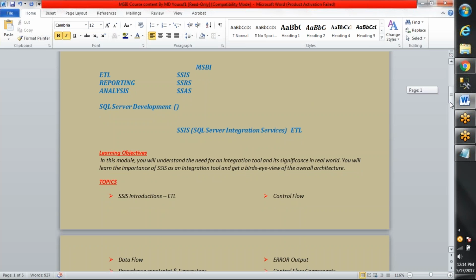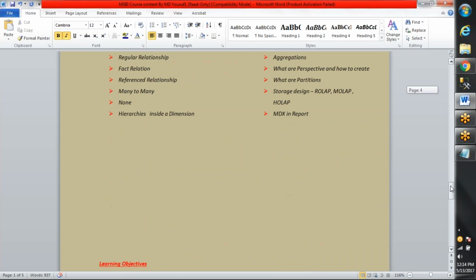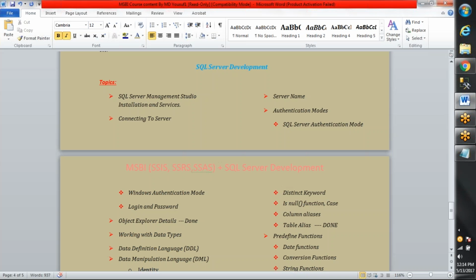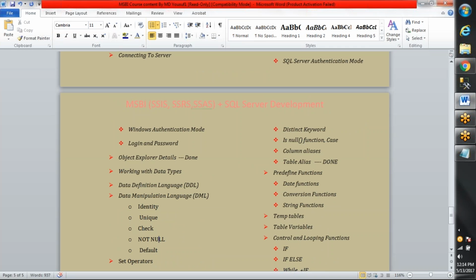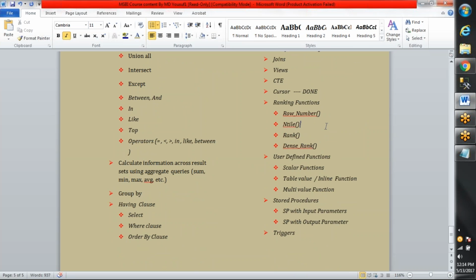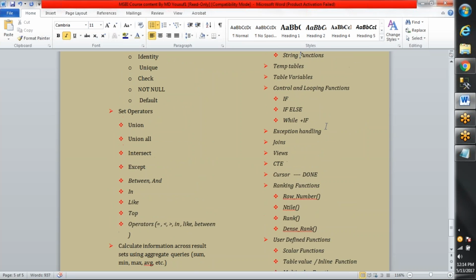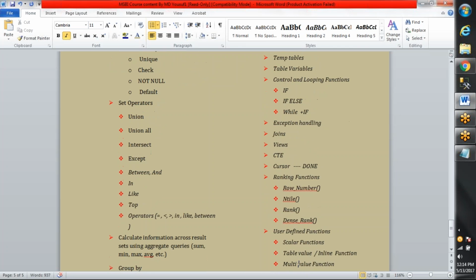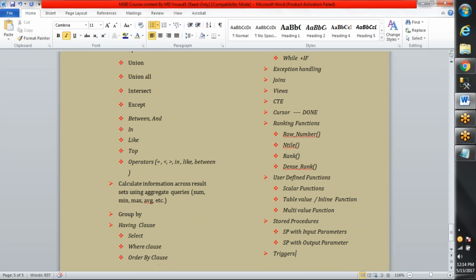If I just give you a glance, it starts from the server and login credentials, to DDL, DML, constraints, different types of operators, joins and select statements, which are very essential for an MSBI developer. And advanced concepts are always part of all of the modules.